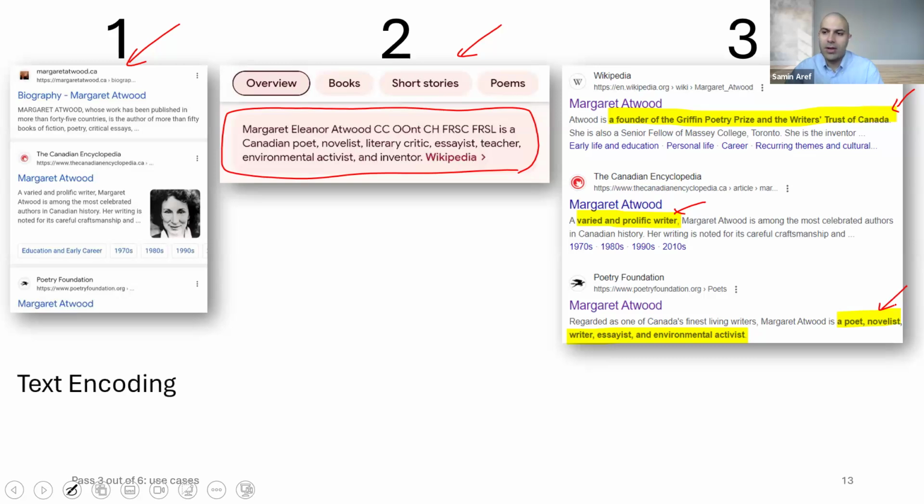So BERT does text encoding, which allows Google search to get this relevant website, even if there's a misspelling in the search query that I provided. So even if I had misspelled the word Margaret, I would have got relevant results.